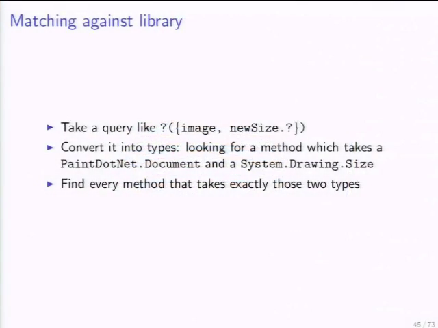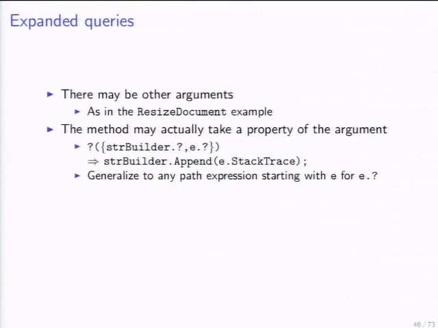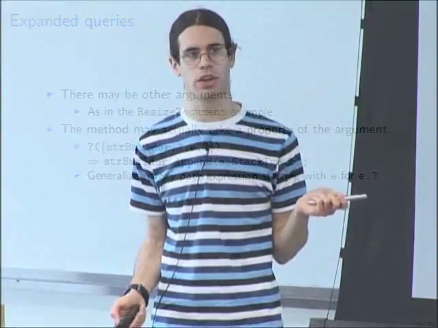Now, to generate the results, we take the query. We have two arguments. So we just simply enumerate every method in the library that takes a document and a size, or a size and a document. Now, you'll notice this would not actually find resize document because resize document had two other arguments. So we need to also consider there being additional arguments past the ones that the user specified.